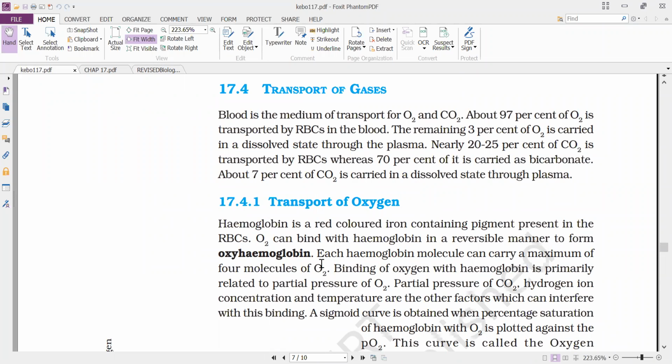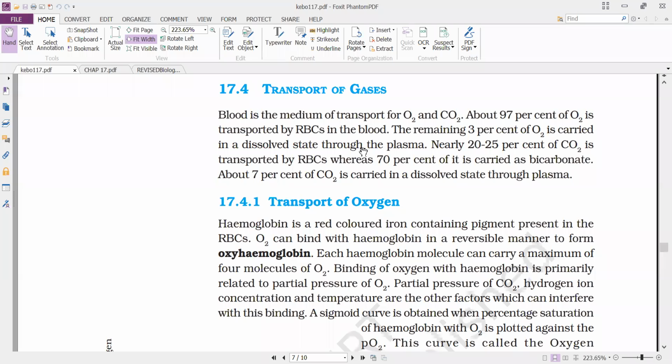That's why the rate of diffusion of carbon dioxide is more when compared to oxygen along the membranes that are separating the alveoli and the blood, and also between blood and the tissues. After exchange of gases at the alveoli and the tissues, the respiratory gases need to be transported to the regions where they are required, or where they are eliminated.